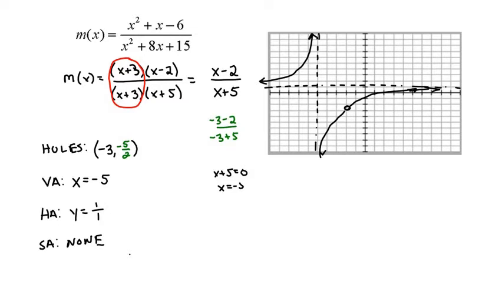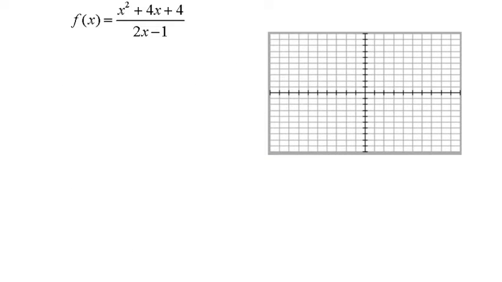When it comes to graphing, I think the sketch is actually the easier part. It's all the values that you have to find before that. So it's the holes, the vertical asymptote, the horizontal asymptote, and the slant asymptotes that are more difficult to find. We'll go through one more example and show you kind of a hard one with a slant asymptote.